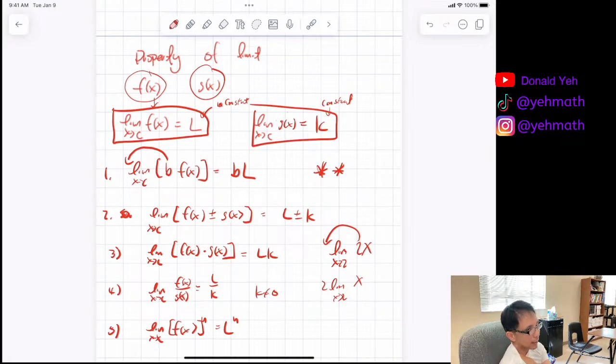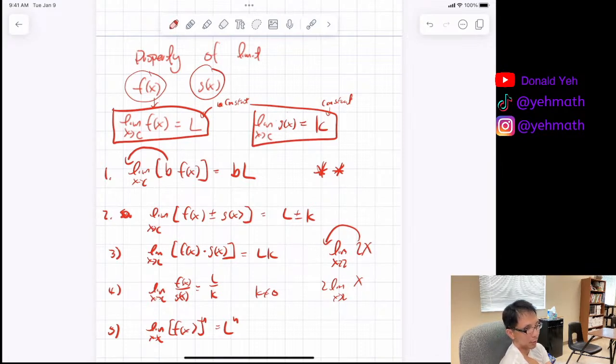Okay, so those are the properties of limits. They're not crazy, they are intuitive. The limit as x approaches C of f of x plus or minus g of x is equal to L plus or minus k, because as x approaches C, f is going to L and g is going to k. The limit of f of x times g of x is equal to L times k, which totally makes sense.